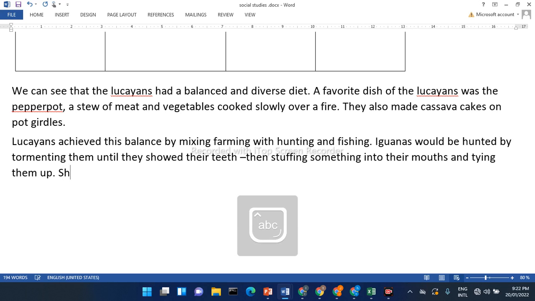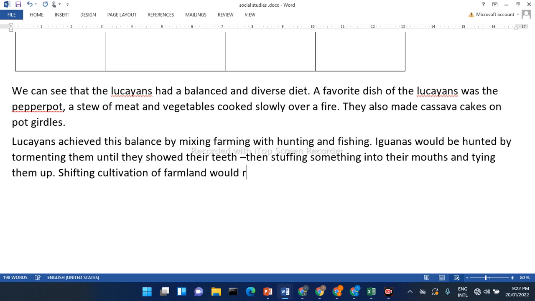Shifting cultivation. So this is talking about how they did the farming aspect. Shifting cultivation of farmland would provide vegetables.